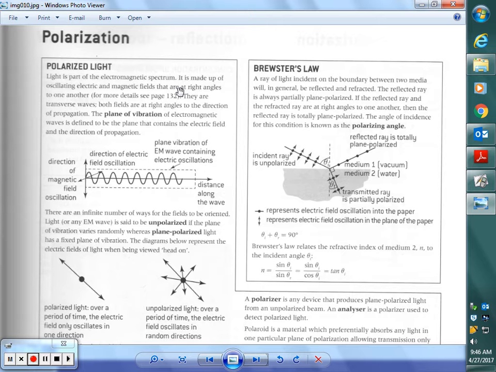So a polarizing filter that lets through one color of light is, generally speaking, going to let through all colors of light, because they're really not that different in wavelength. But there is a big difference in visible light versus radio waves.